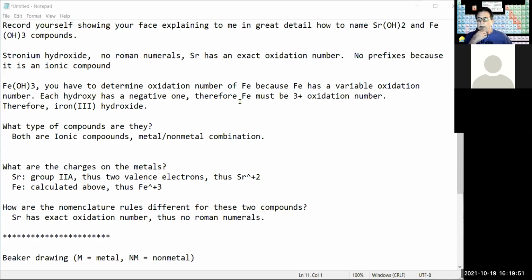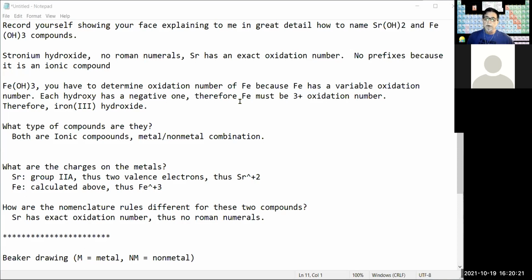And OH, hopefully you know it. When you see a parenthesis, go to your polyatomic ion table because that's what you're working with. Look up the OH, you'll find it to be the hydroxide. So be familiar with the hydroxide. It'll show up many times. So it's a base. This one is called strontium hydroxide.